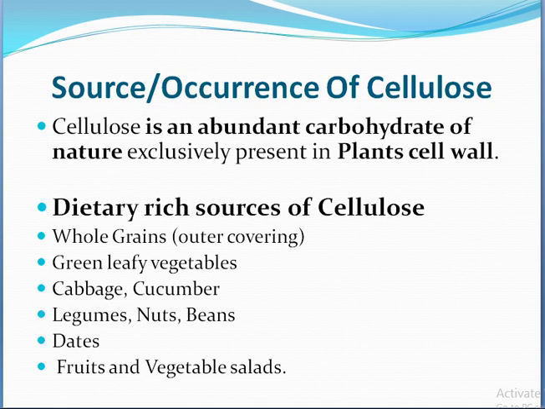It cannot be digested by humans, and it is an abundant carbohydrate in the plant cell wall, as I discussed earlier. Dietary rich sources of cellulose are whole grains, green leafy vegetables, cabbages, legumes, nuts, beans, dates, and others.